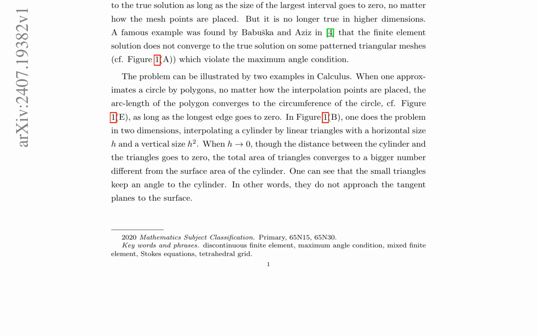Despite the distance between the cylinder and the triangles decreasing, the total area of the triangles converges to a number different from the surface area of the cylinder. This is due to the small triangles maintaining an angle to the cylinder, failing to approach the tangent planes to the surface. The authors then delve into the details of the WG method, which they claim converges on arbitrary meshes.